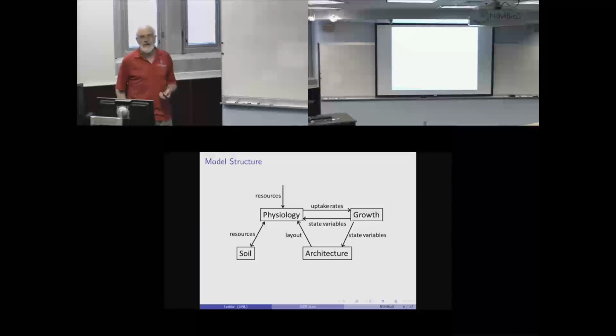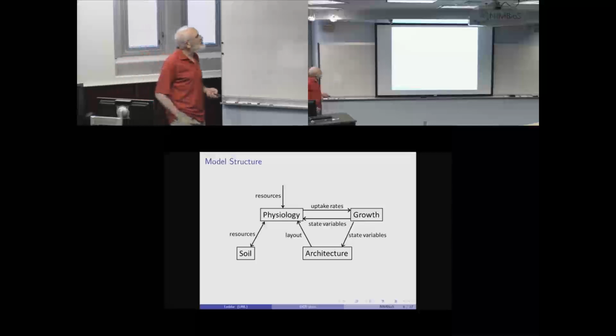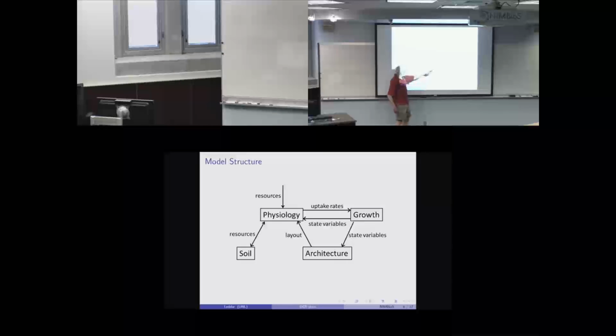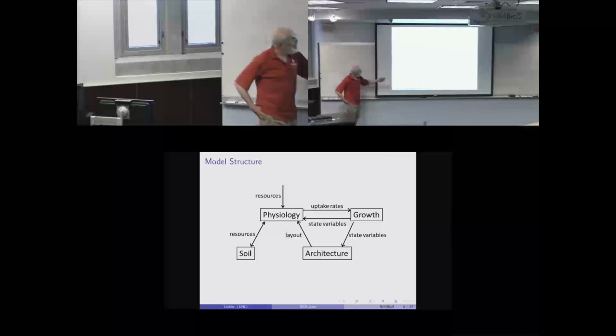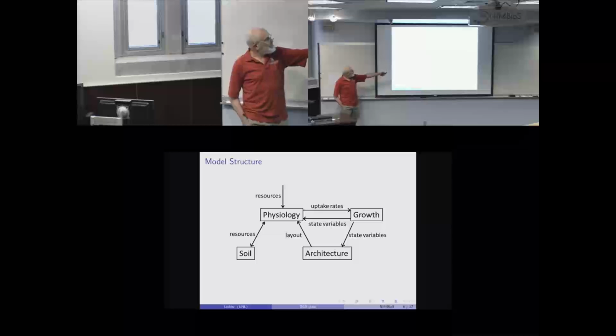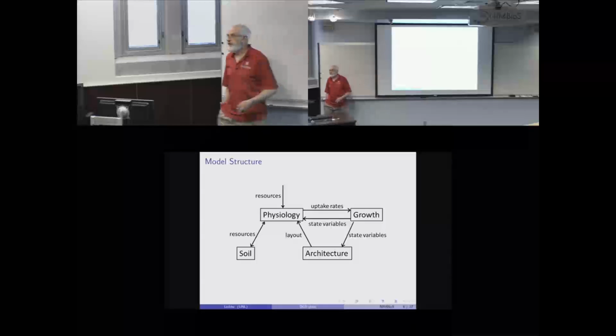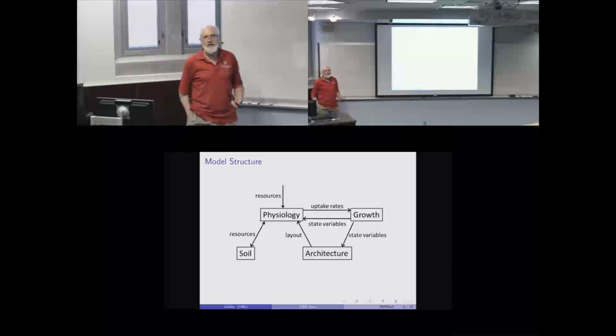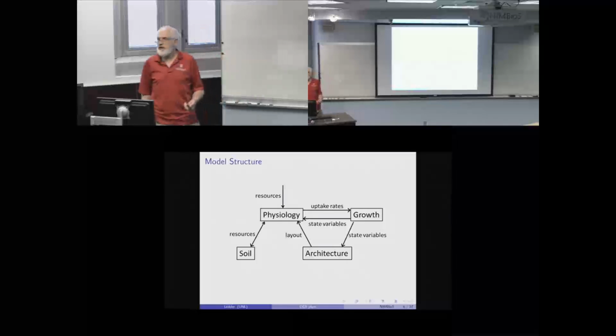Here's a schematic of what the structure of the model will look like. And in the dynamic energy budget model for animals, it's really all here. What corresponds to our plant physiology model is usually very simple in an animal model. You can just assume that the rate of uptake is proportional to the size of the structure. You can't do that with plants. The amount of nitrogen uptake is not just proportional to the amount of roots that you have.